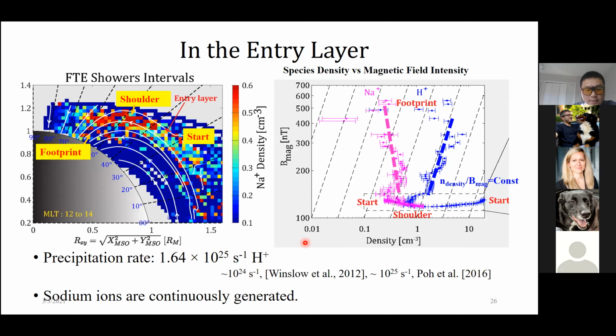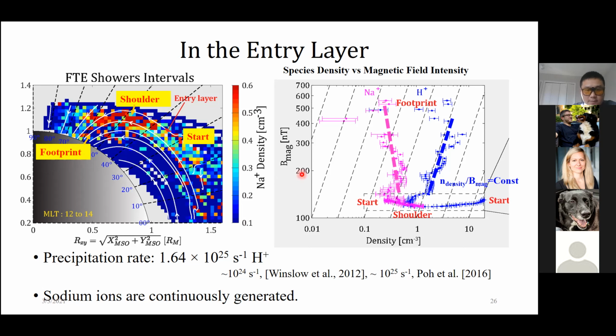In this figure, we investigate the properties of the solar wind protons and the sodium ions. We want to show where those sodium ions come from and what the solar wind particles look like in the entry layer. So we trace the measurements inside the entry layer, and we term them the start point, the shoulder, and the footprint of the entry layer.